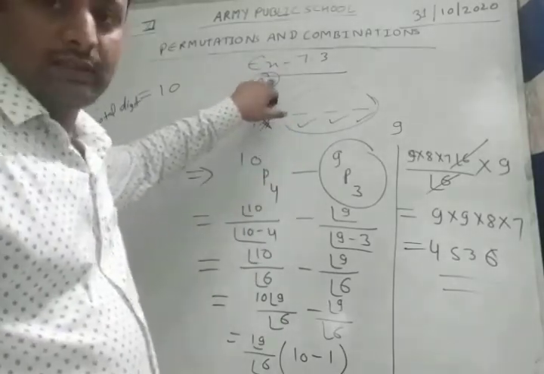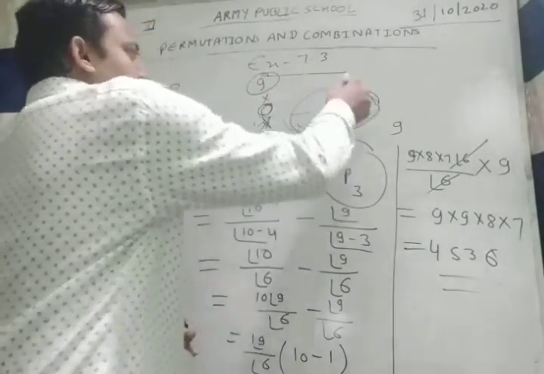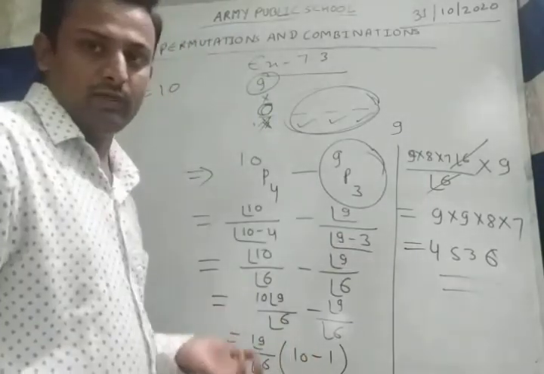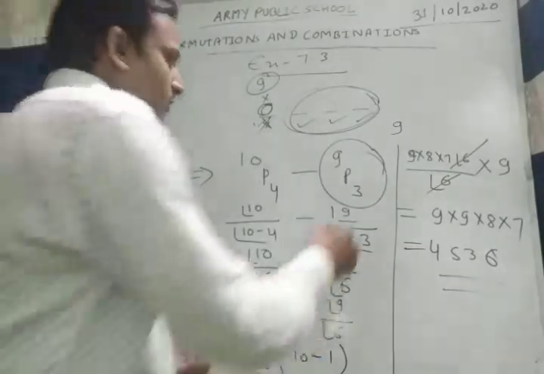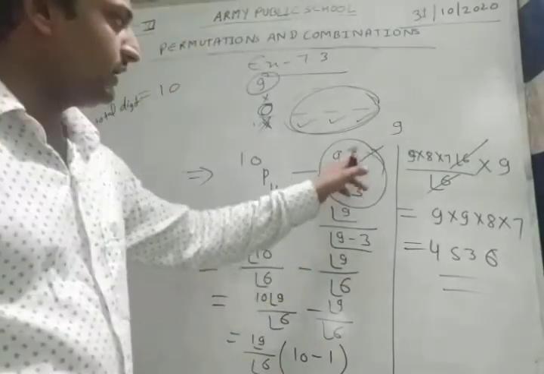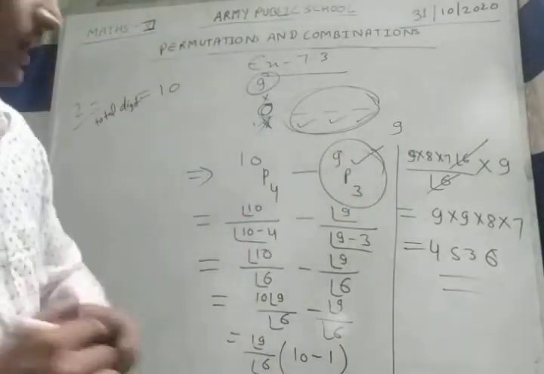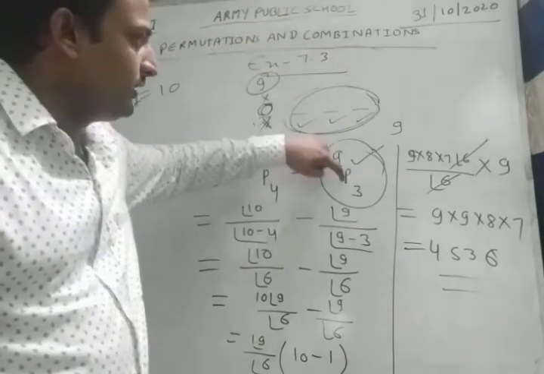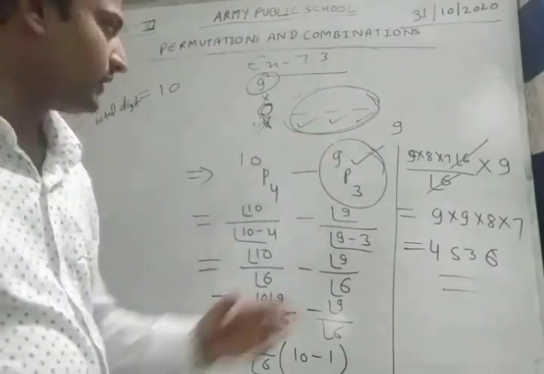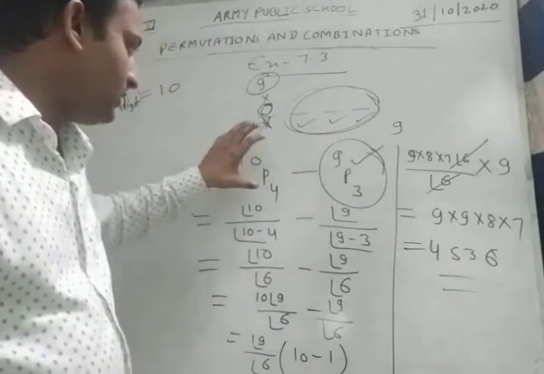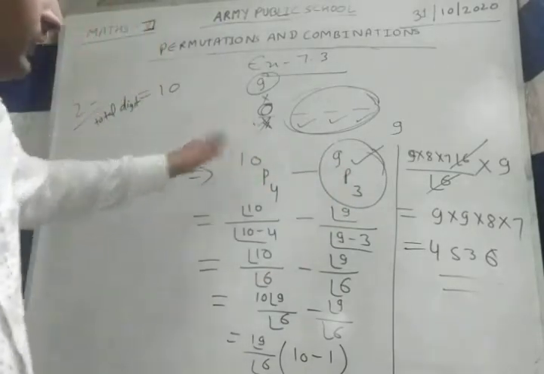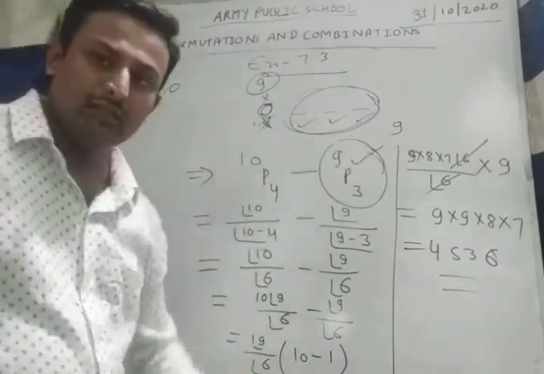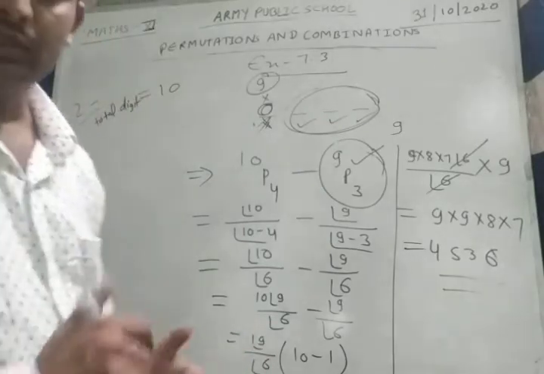So there are 9 total digits and the places are 3 which we have to fill. In how many ways can we fill it? You can fill it in 9P3 ways. हम इस 3 प्लेस को 9 डिजिट की हेल्प से 9p3 वेज से फिल कर सकते हैं. Then we will subtract this 9P3 from 10P4, and we get those numbers which are only 4 digit numbers.